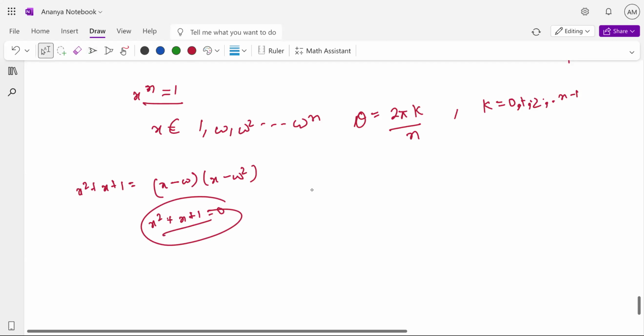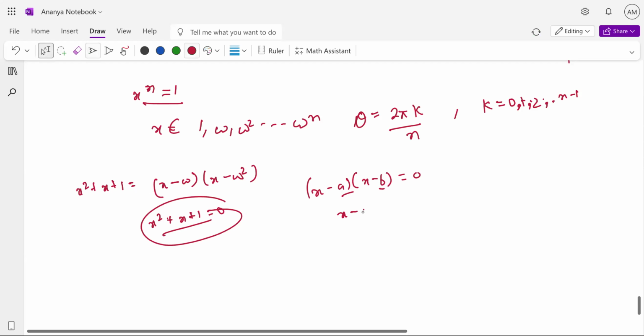This whole thing can be written as x minus a, x minus b equals 0, and a and b should be the roots of it. And what are my roots? My roots are omega and omega square, so x minus omega, x minus omega square. Clear? Yes, sir. So that's why we are saying this.